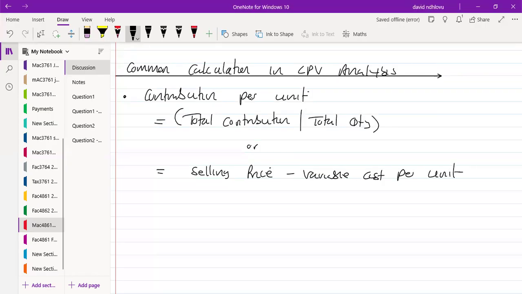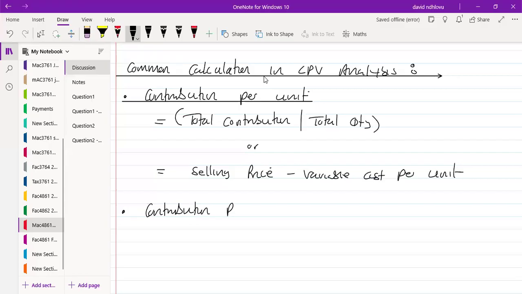This is one of the most popular calculations when it comes to management accounting, the calculation of contribution. You will deal with that a lot in many different topics. That's contribution per unit, very crucial to our understanding of cost profit volume analysis. We also get what is called the contribution ratio.